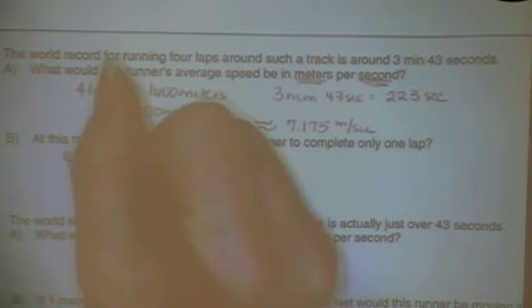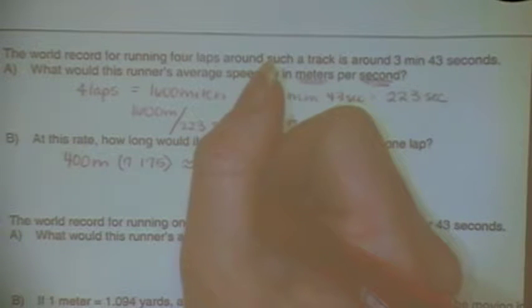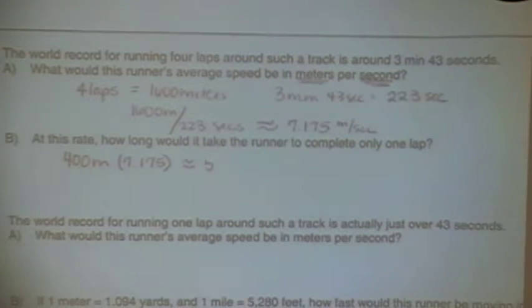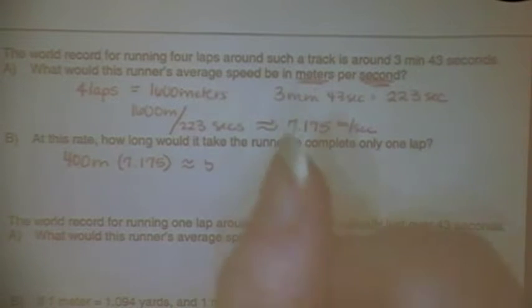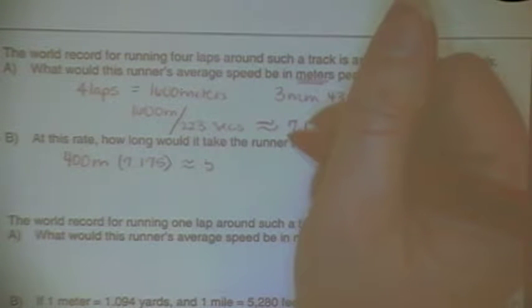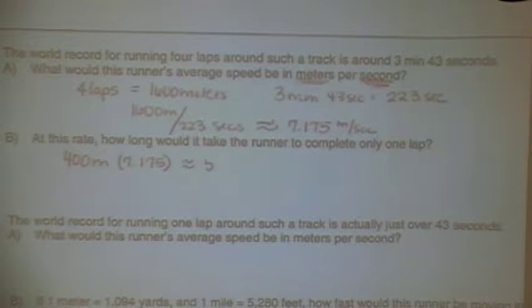Do we multiply by 7.175 or divide? We divide, because I need meters to cancel.